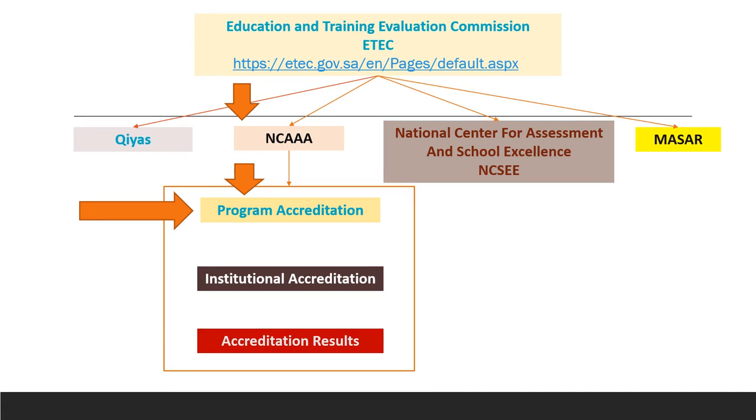The first is QIAS, the second NCAA, the third National Center for Assessment and School Excellence, and finally MASAR. We will talk and concentrate on NCAA, under which we have program accreditation, institutional accreditation, and accreditation results. We are working with program accreditation.